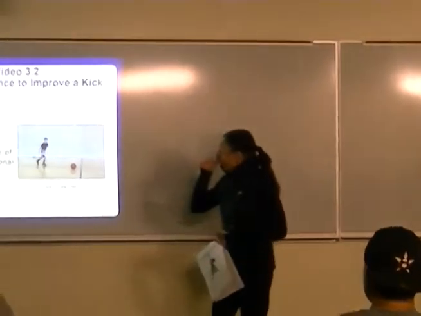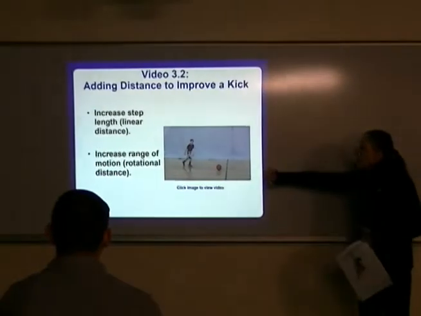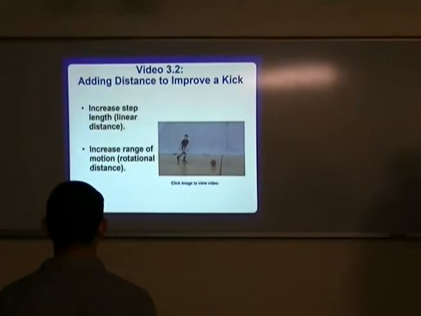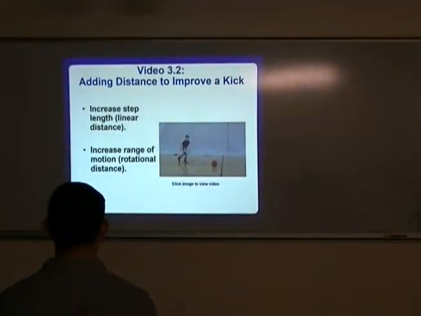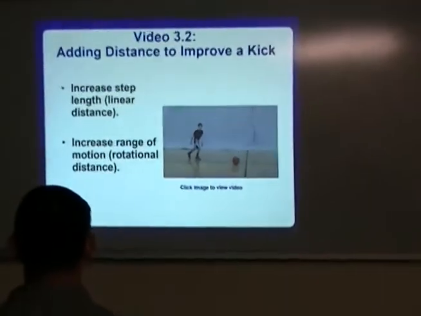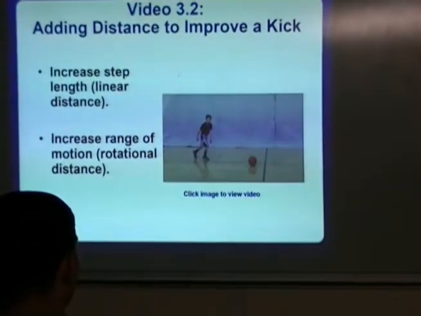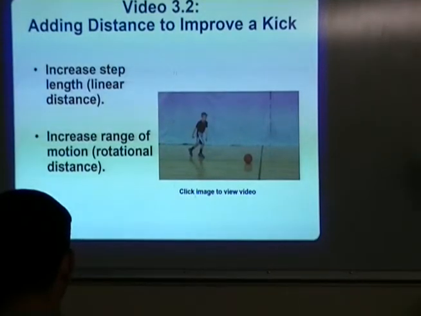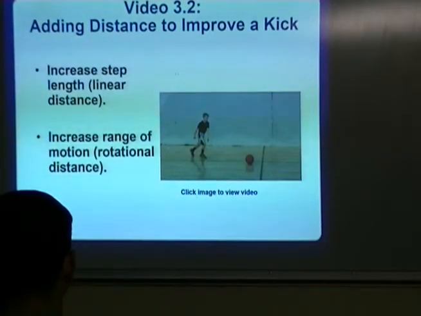You guys can find that piece of video and click on that, but I have linear distance. I can increase the linear distance that I apply the force, so I can increase the step length.